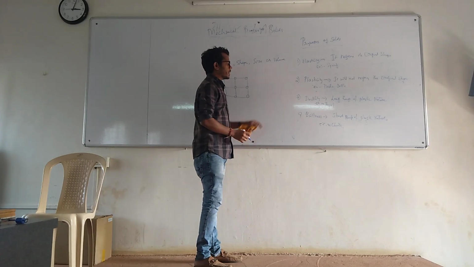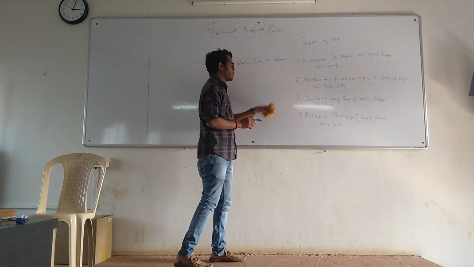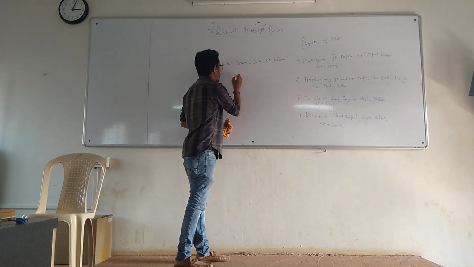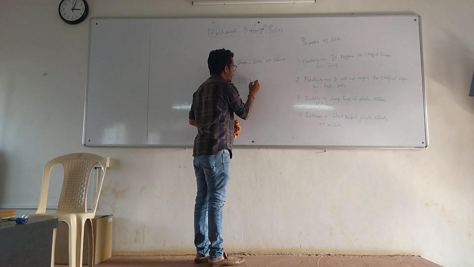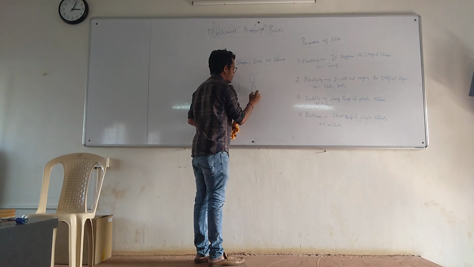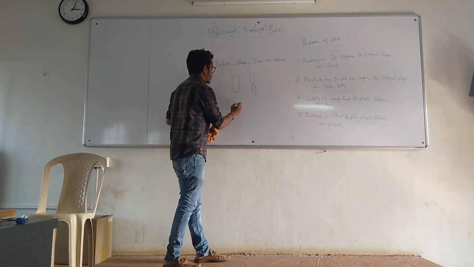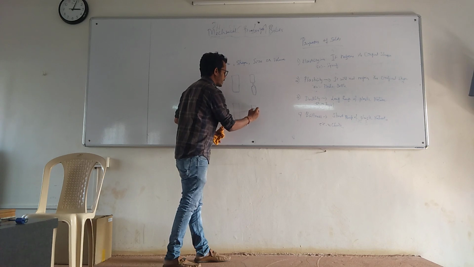Here, in ductile and brittle materials, whenever we apply some force, the material will break, and during the breaking, a ductile material shows some change in the shape of that material. See, like this it will happen for a ductile material, but a brittle material will not show any deformation at the breaking point.